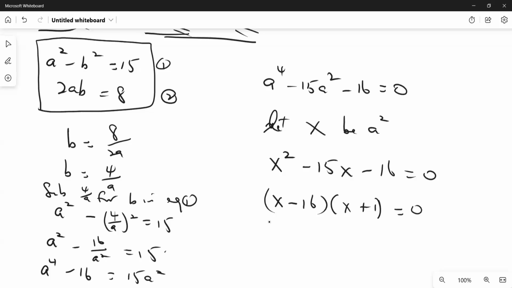And if you replace back the x, you'll have a square minus 16 times a square plus 1.